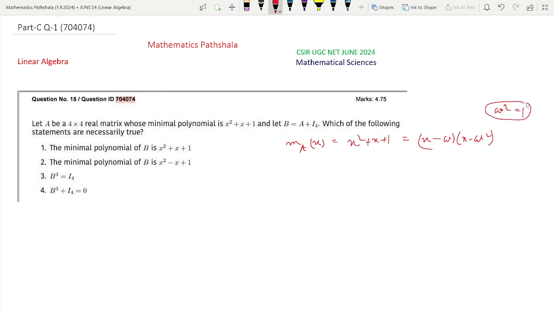So this is very clear that the minimal polynomial is a product of distinct linear factors over C. So A is diagonalizable over C.